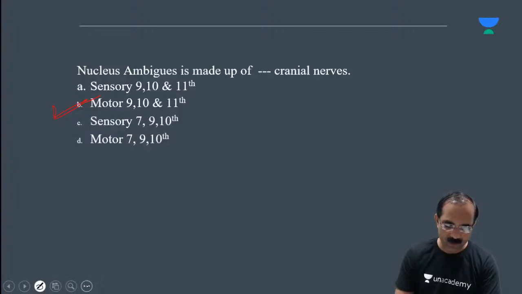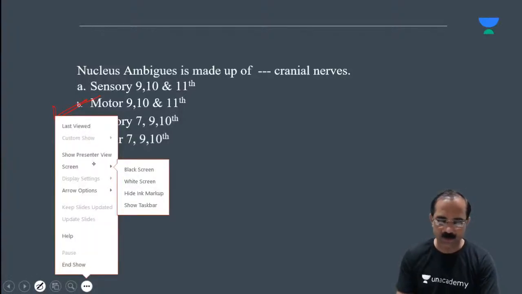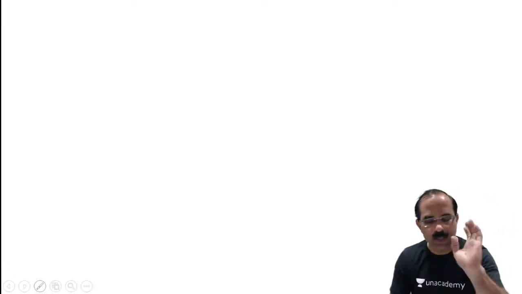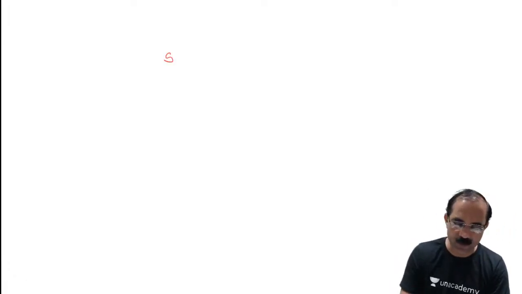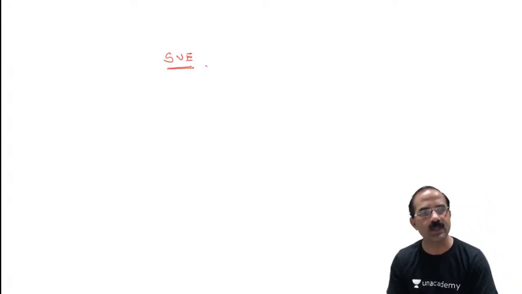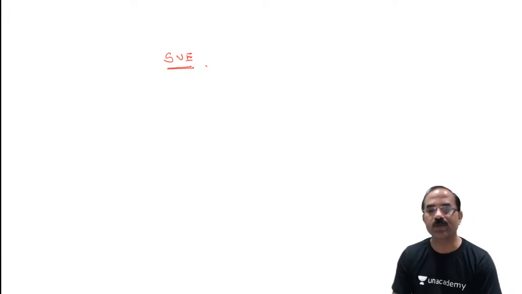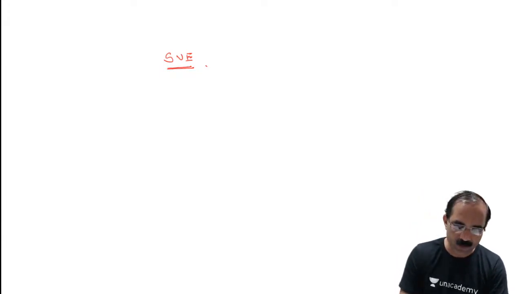One minute, I'll just enumerate this for you. Tell me, what is the name of the component which is going to supply the muscles of the pharyngeal arches? That's a special visceral efferent component. And which are the nerves of the pharyngeal arches? Nerve of the first pharyngeal arch is mandibular nerve.